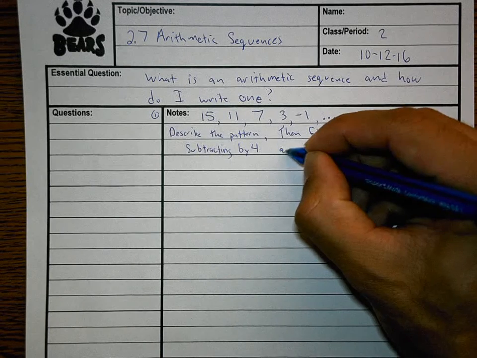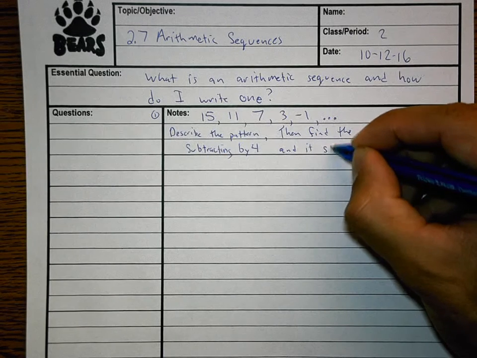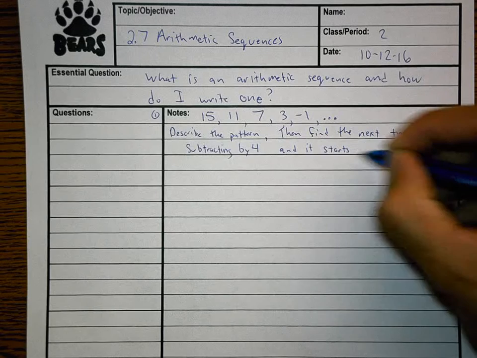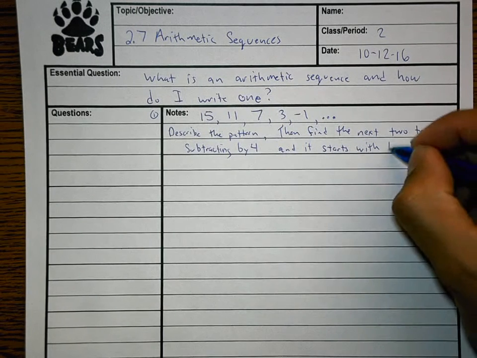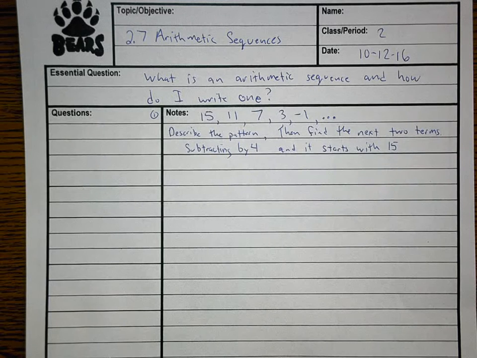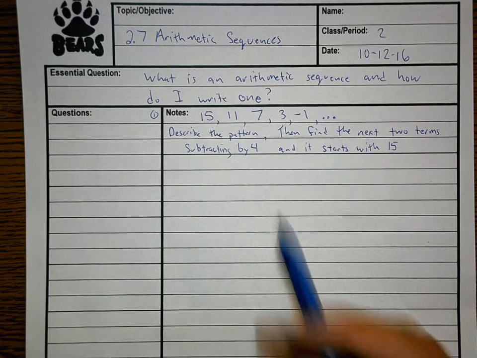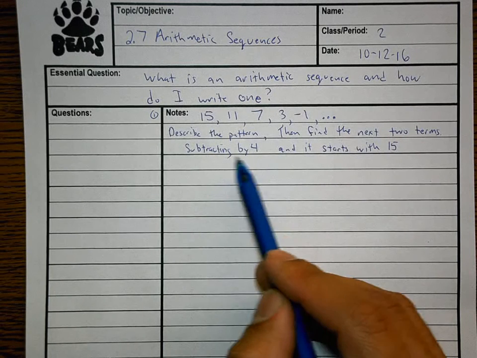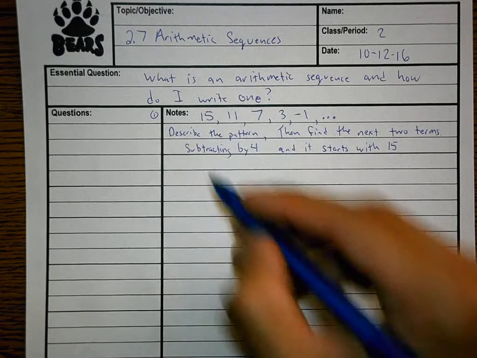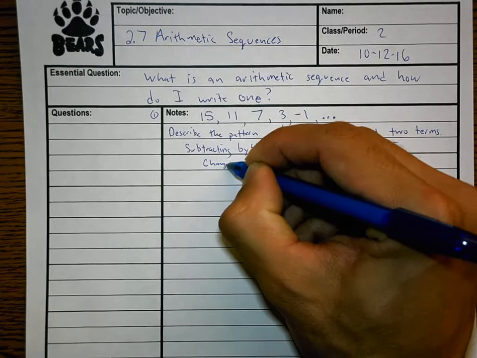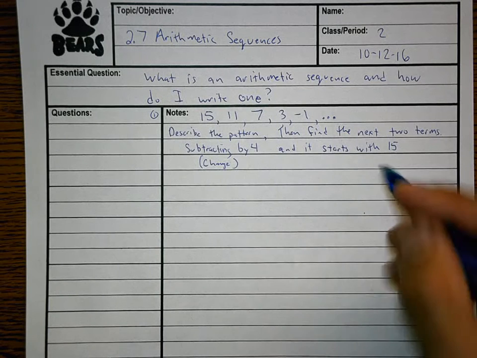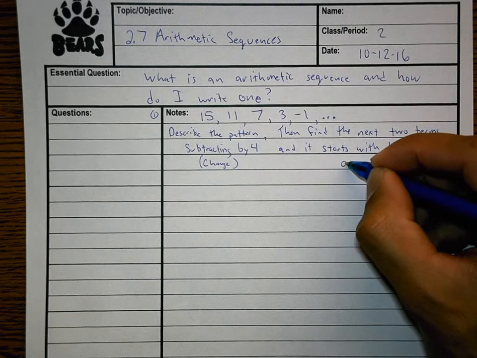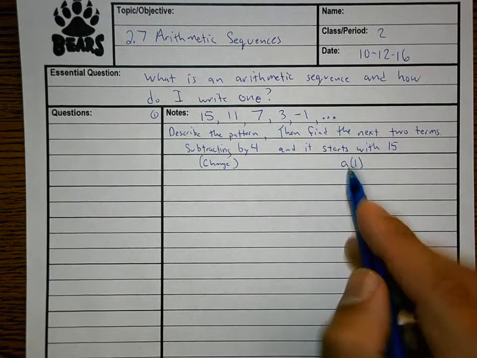Subtracting by 4, and it starts with what number? 15. It starts with 15. The two things that I'm going to want you to describe the pattern with: what is happening, what is the change? Let's put down the change right below this. And then what it starts with, which is the first term.